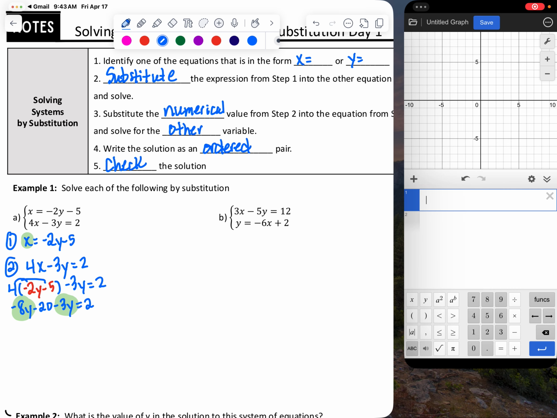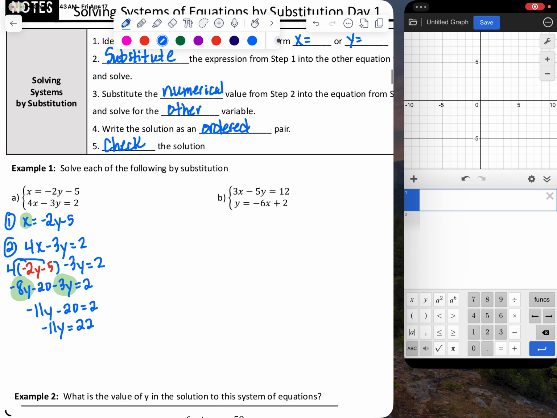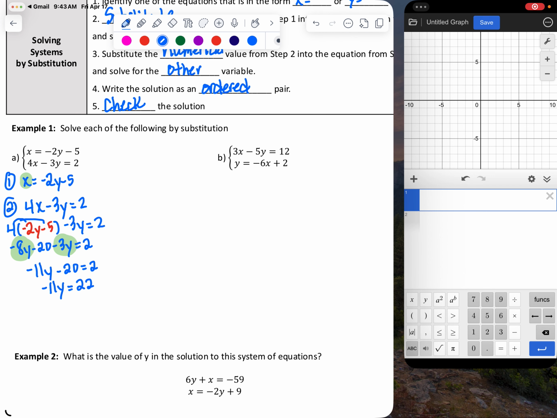So negative 8y minus 3y gives me negative 11y minus 20 is equal to 2. Now add 20 to both sides. So negative 11y equals 2 plus 20, which is 22. Now divide both sides by negative 11. So 22 divided by negative 11 is negative 2.